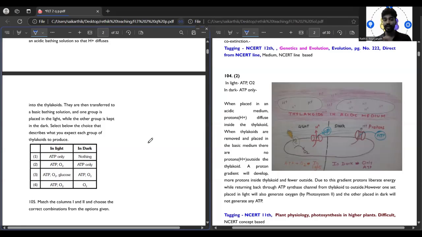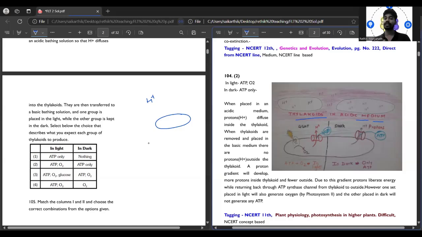See, when they are placed in an acidic medium, the protons, that is H plus ions, get diffused inside the thylakoid.